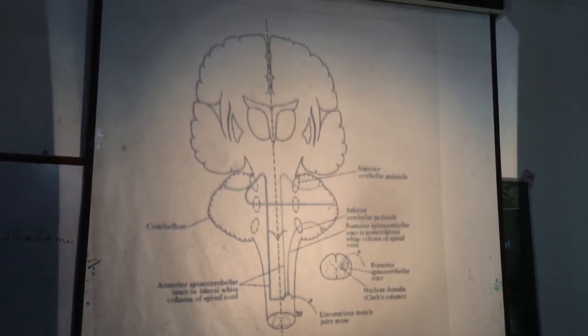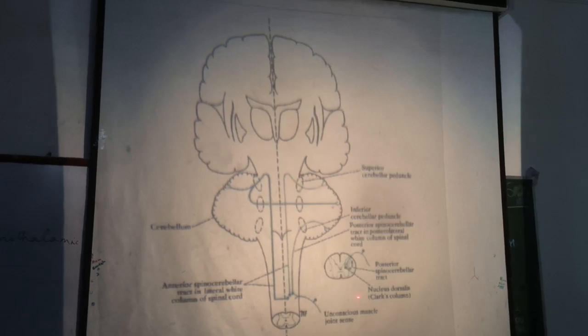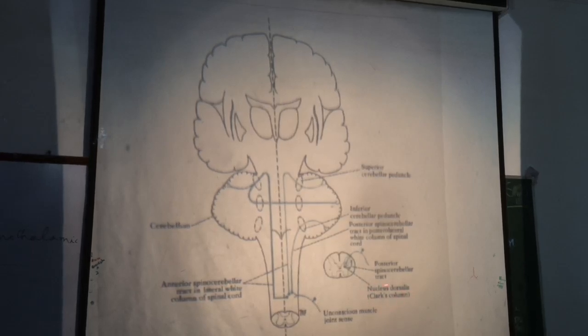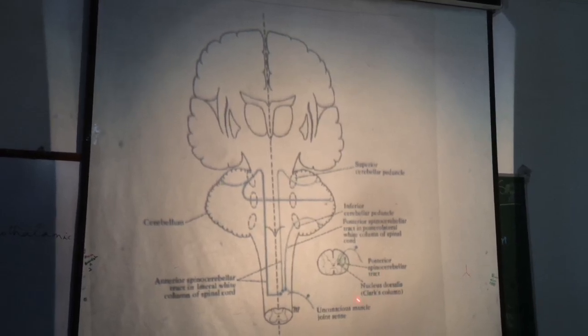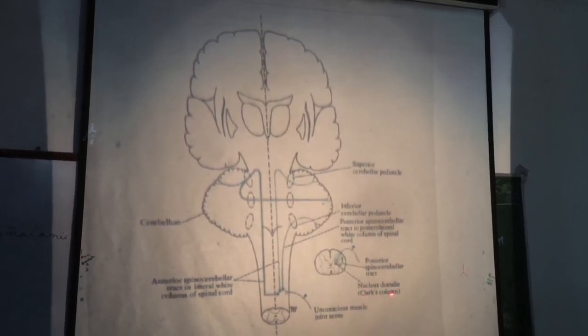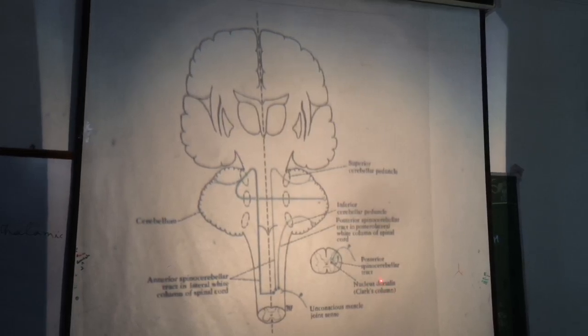These nerve fibers synapse with second order neurons located in Clark's column or nucleus dorsalis.